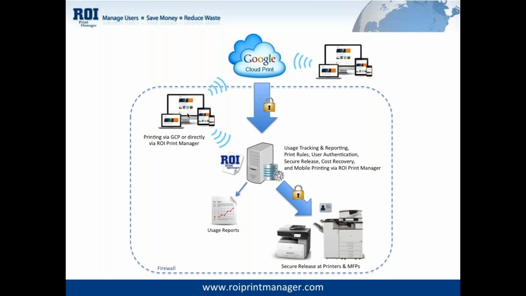So we typically recommend switching that functionality off at the print device and enabling the Google Cloud Print access through ROI. And that way, we're able to track what the users are doing, provide that meaningful management information through a wide range of usage reports, and also offer the other features that ROI delivers to help customers reduce and control their output costs.